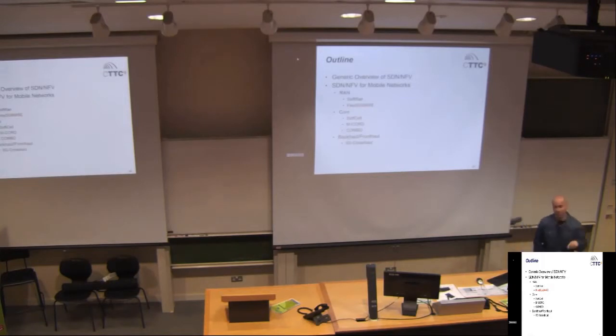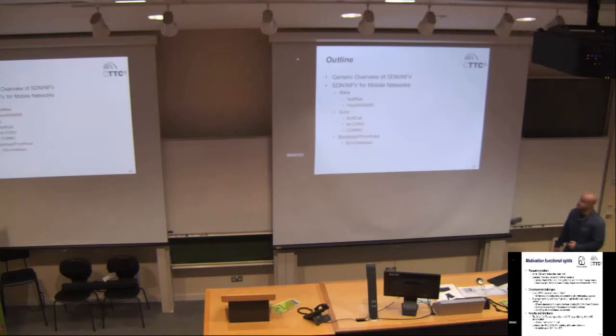This is an H2020 project that is expected to finish at the end of June. I will use this project as an example for you to understand what a RAN functional split is and what kind of KPIs can be optimized with this kind of functional splits in the radio access network.